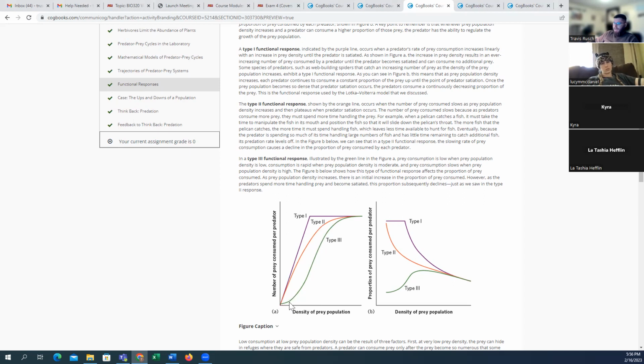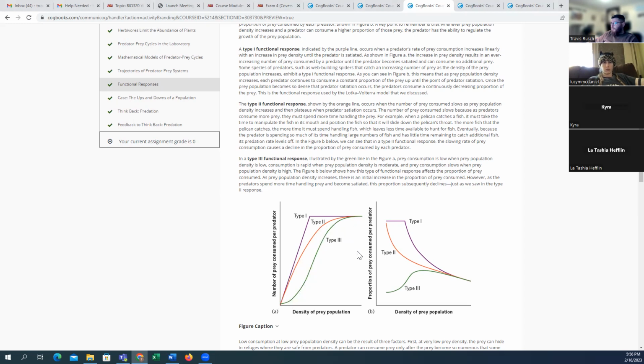So there has to be almost a minimum threshold of prey for this predator to really thrive or capture that prey. Whereas these two, they do it pretty well from the start. This one is not very good of a predator at low densities. But once it reaches a higher density, you get a sharp increase, and then it kind of tapers off again because of the increased handling time.